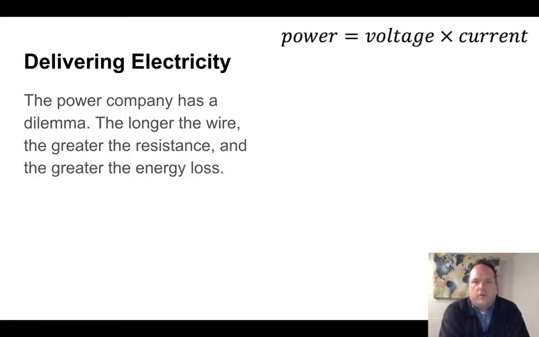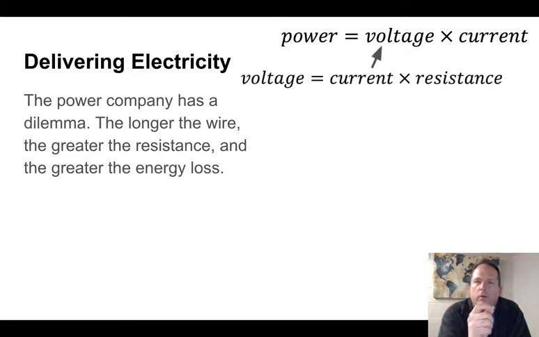Recall from a previous discussion that we've said, at least in the context of electricity, that electrical power is the product of voltage and current. But if we take Ohm's law, which says that voltage equals current times resistance, we can write a new form of this power equation that's helpful in thinking about what happens with electrical energy delivery.